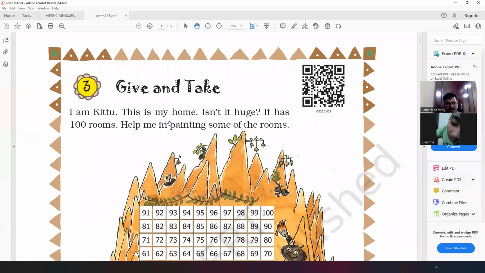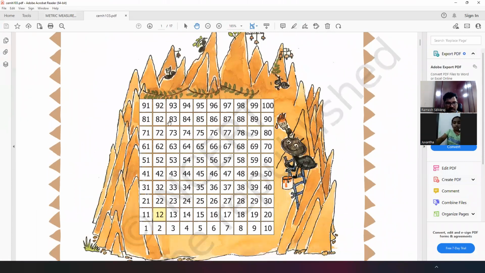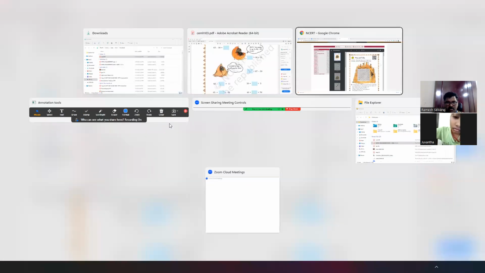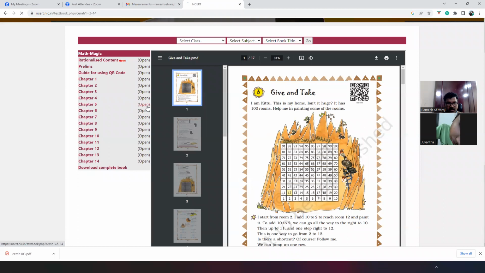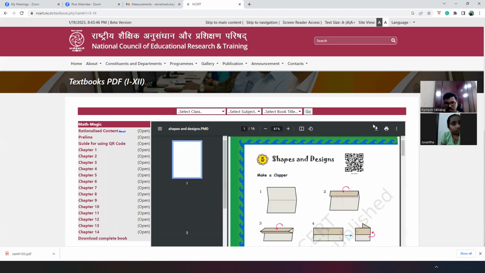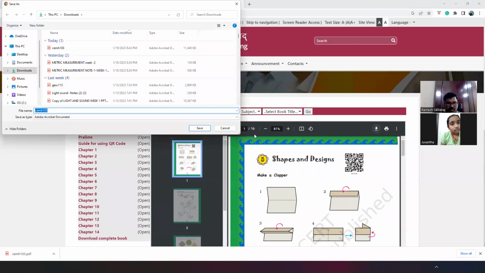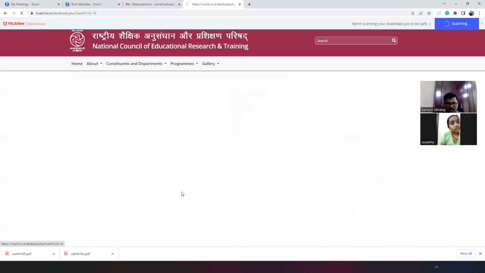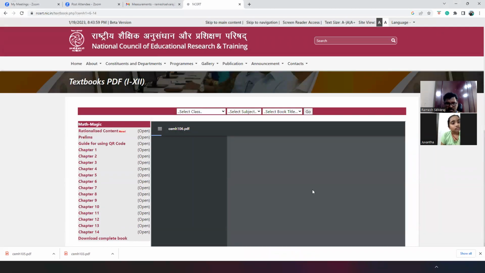Now you see here, page 105, right? There is one unit called length and distances.